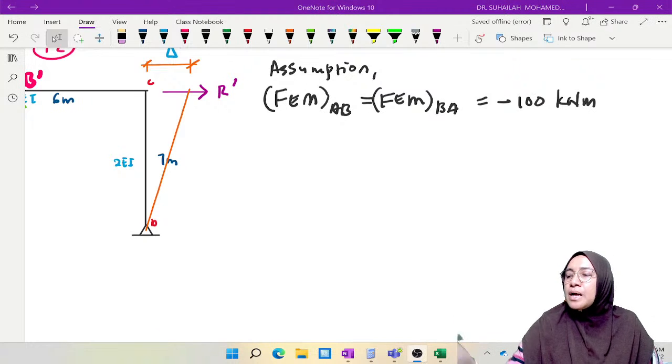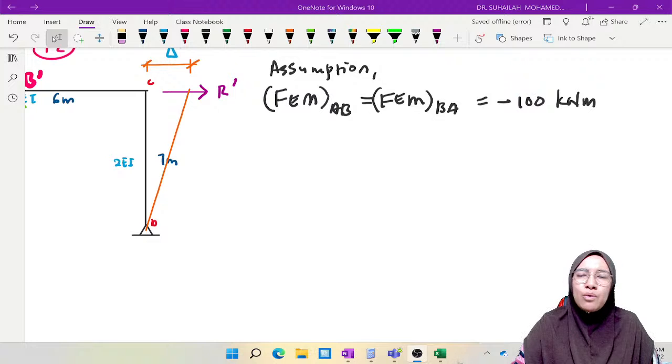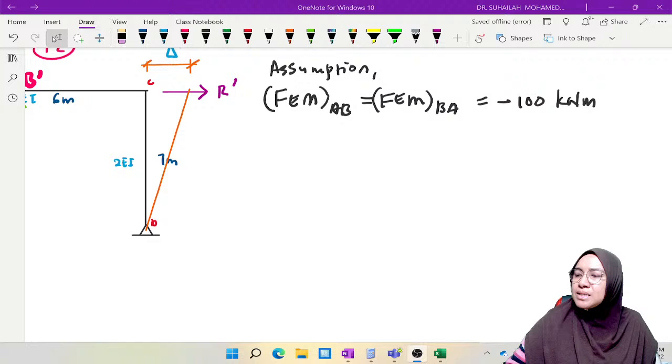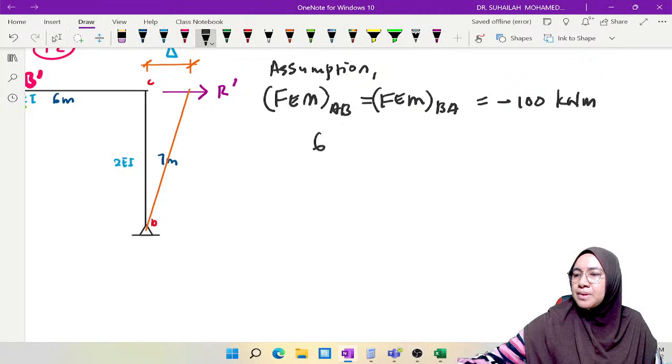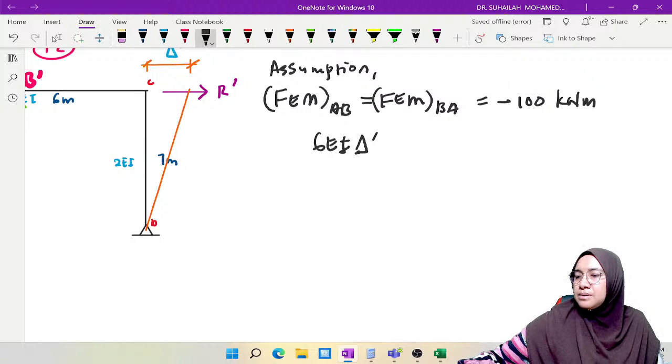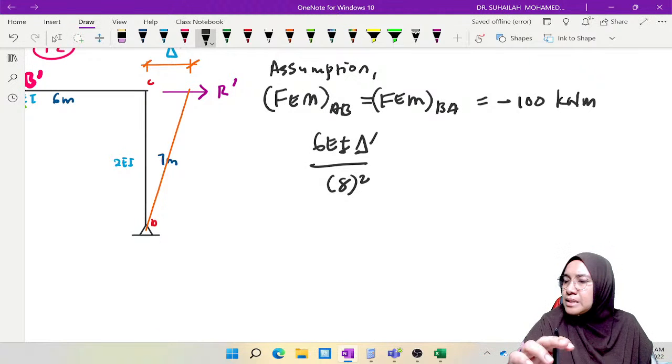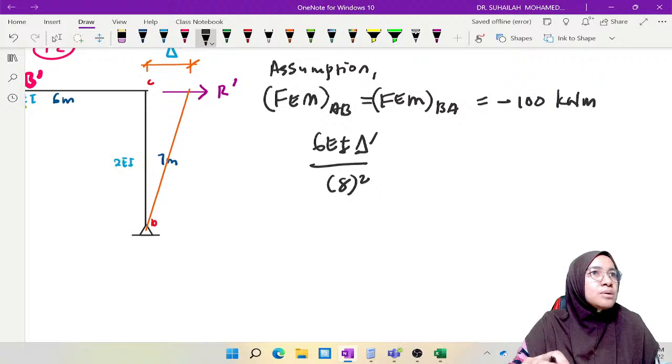So having this, we have to apply the formula to calculate FEM. The formula to calculate FEM due to delta is 6EI delta prime over length, which is 8. And EI is EI, not 2EI; 2EI is for column CD.